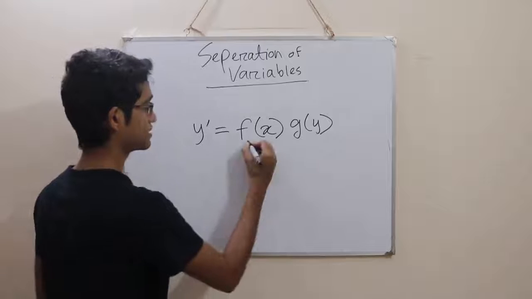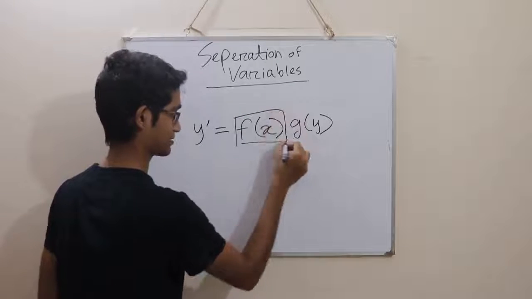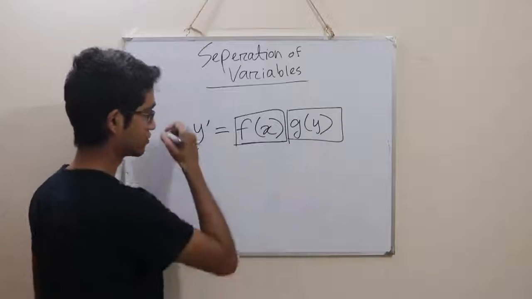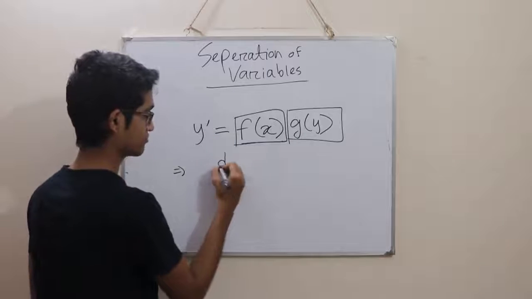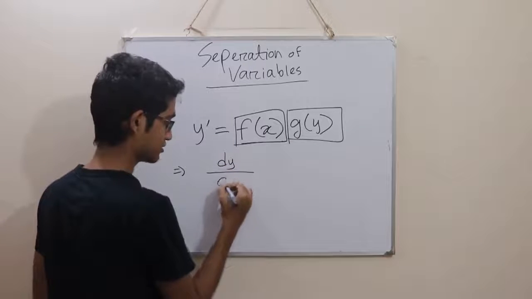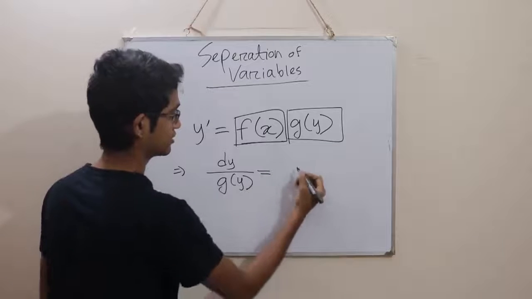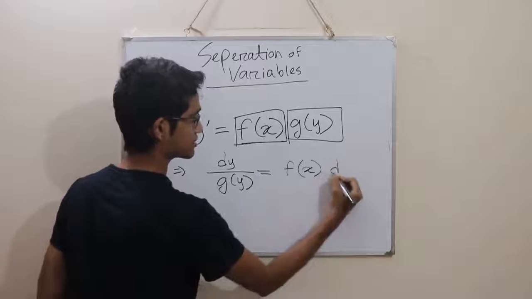Why? Because there is a function of x, which only depends on x, and a function of y, which only depends on y. So easily we can transform this equation into dy divided by g of y is equal to f of x times dx.